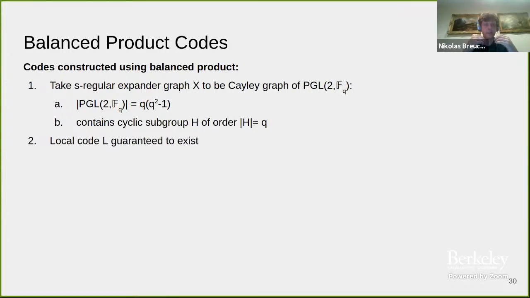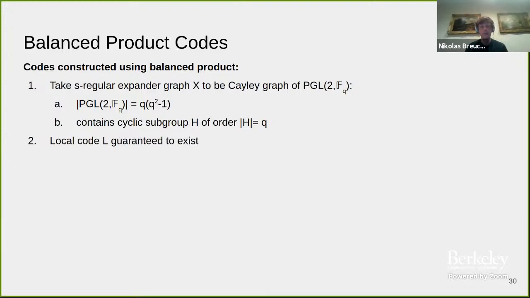Okay, so let me not dwell too much on the ingredients here, but just give some intuition of where the parameters come from. So we define our expander codes using the Lubotsky, Phillips, and Sarnak construction. That means we look at Cayley graphs of PGL over a finite field. So the order of the finite field determines the size of the graph, and it also determines the size of the cyclic symmetry, which is always present.